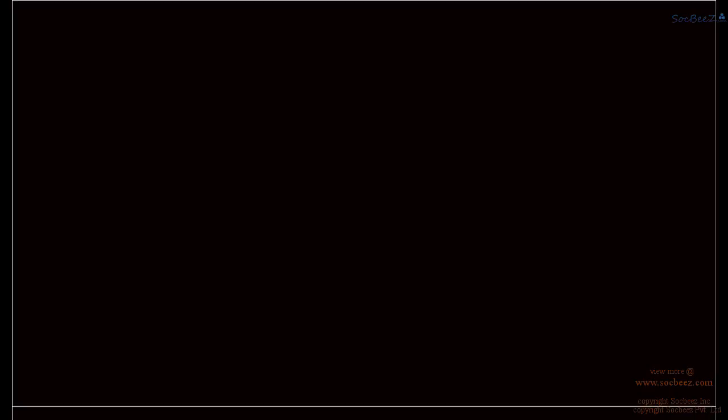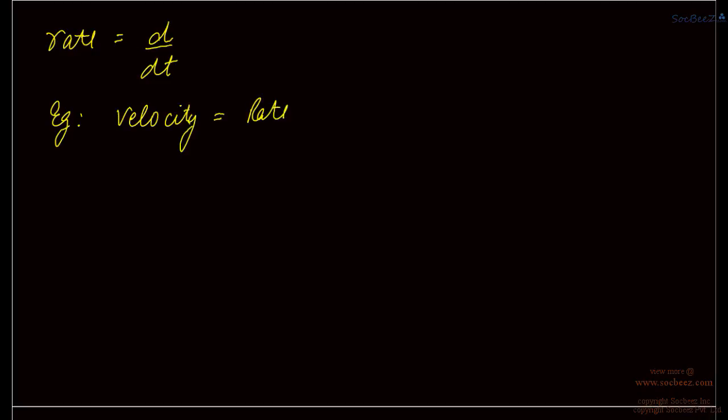And we know that the rate of something is the derivative of it with respect to time. For example, we know that velocity is the rate of change of distance with respect to time.